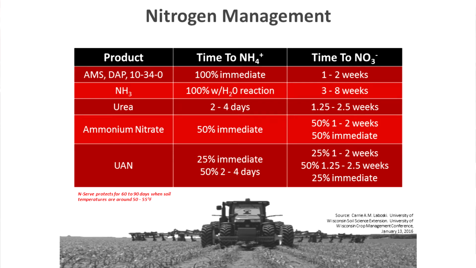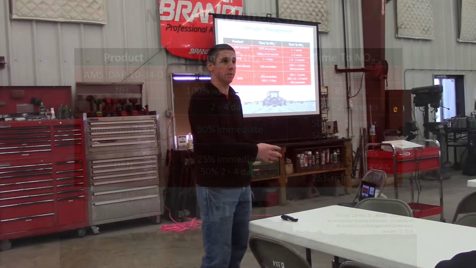That's the longest. It has the most longevity in the stable form of any other nitrogen fertilizer we use. That's why it works so well in the fall, and that's why anhydrous ammonia typically favors over 28% in wet years, because it's going to stay in ammonium form the longest.